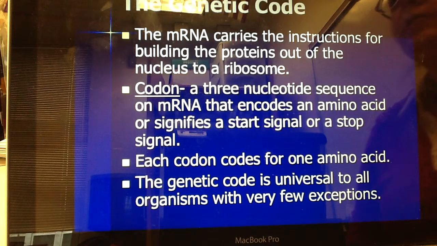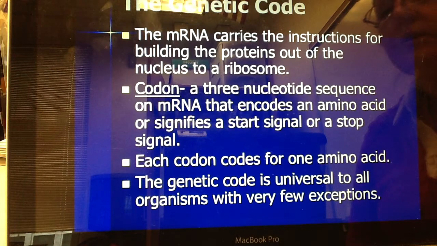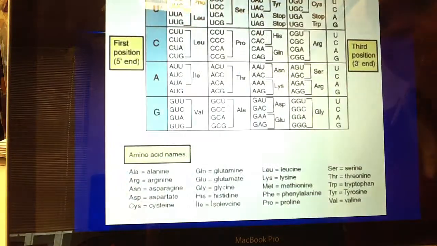Or a stop signal, which tells us where the protein ends, and then the mRNA will no longer continue copying the DNA. Each codon codes for one amino acid. So there's 3 nucleotides to make up one codon. The genetic code is universal to all organisms with very few exceptions.